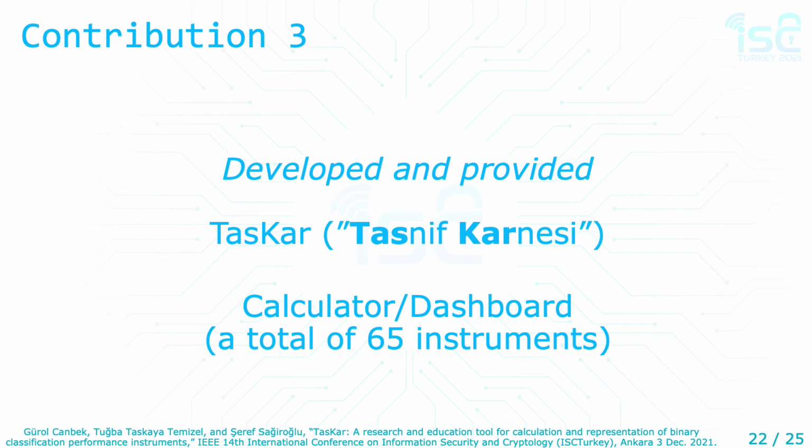The third and last contribution of this study is a research and education tool for classification performance evaluation. I have developed and provided a tool named TasKar as a calculator and dashboard for a total of 65 instruments. The tool also provides the three proposed graphics.